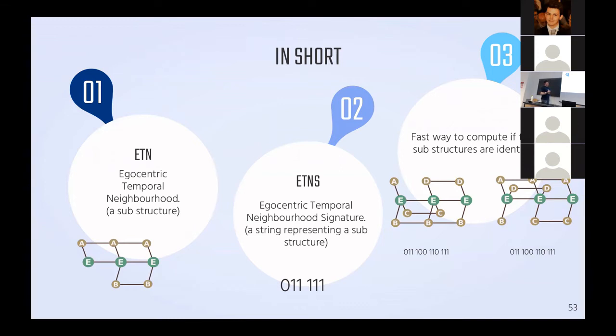But we already have an extension of this mechanism that allows you to incorporate node attributes. For instance, suppose that this one is a doctor and this one is a patient. You can encode this in this signature, and we think there is the possibility to even encode this typology of interaction, like enemy.